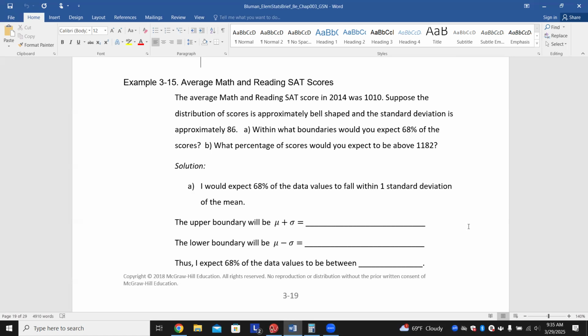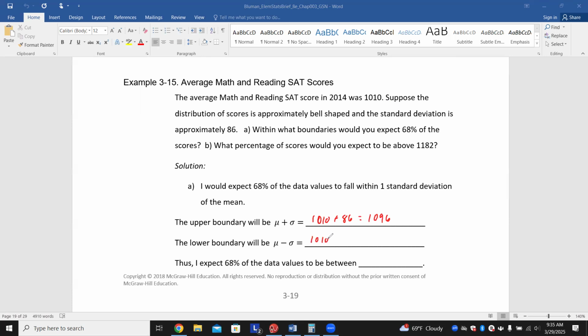In this part here, I would expect 68% of my data values to fall within plus or minus one standard deviation of the mean. Notice this is the average math across the world, so notice our notation here, this is population. My population mean was a 1010. Now I'm going to add my standard deviation of 86. That means my upper boundary falls at 1096.